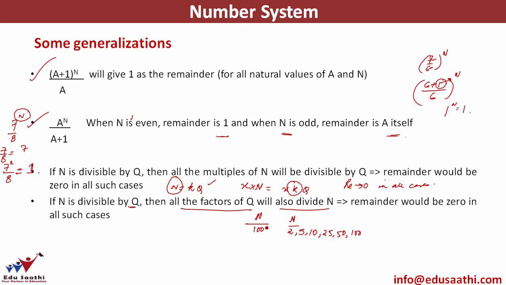So if a number is divisible by a certain number q, all factors of q would also divide that given number. That means the remainder would be 0 in all of these cases. Something that we have done just back, that the number was divisible by 145. We said if a number is divisible by 145, it is certainly divisible by 5.